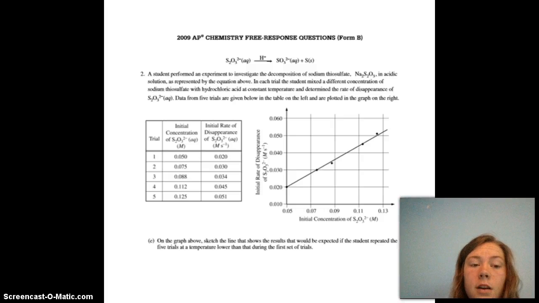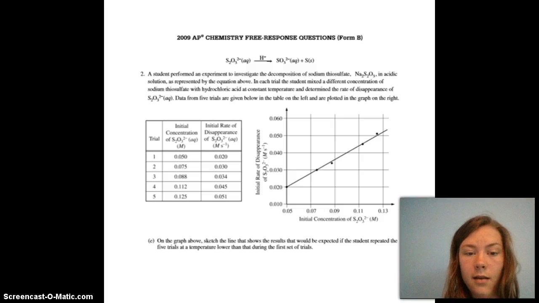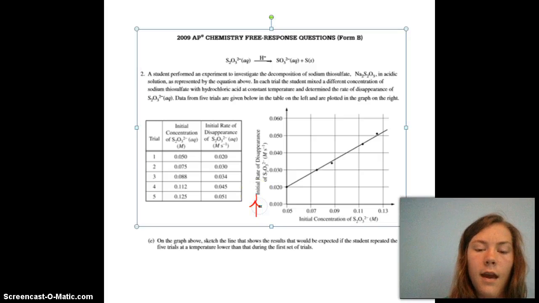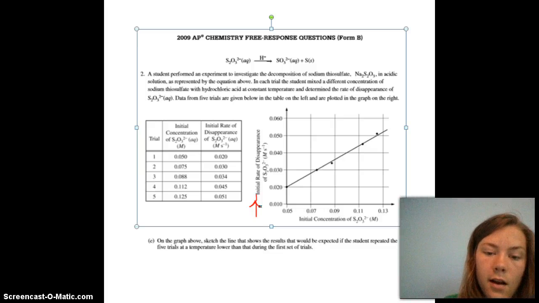So we know that temperature speeds up a reaction, and with a lower temperature, we're going to have a lower rate of disappearance of the thiosulfate. So on the y-axis over here, we have the initial rate of disappearance. So the rate is going to be lower. So we're going to start at a lower point down here.